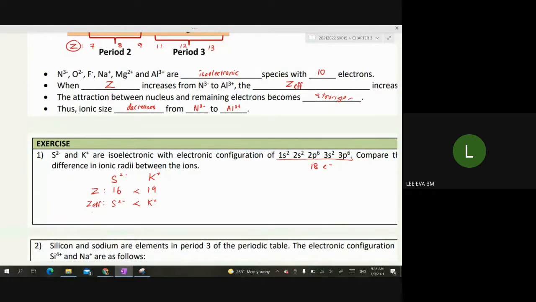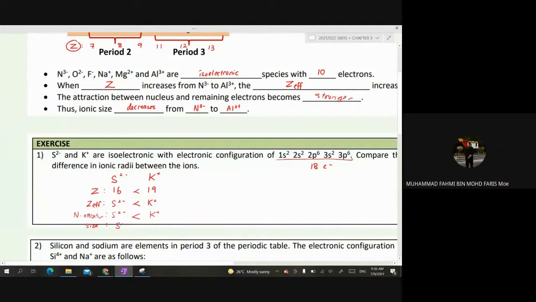Okay, so since the Z and Z effective of sulfur are smaller, how about the nucleus attraction for sulfur and potassium? Which one is stronger? Potassium. So how about the size?